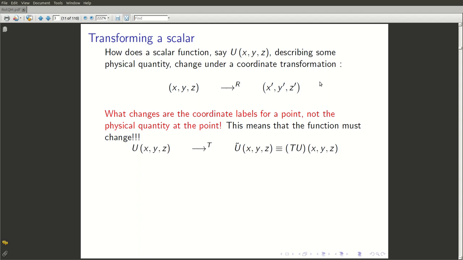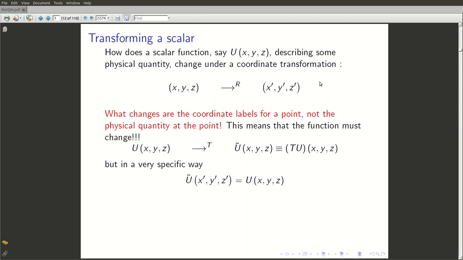So u of x, y, z must change to a new function u tilde of x, y, z, and u tilde is something which we get when we apply the transformation T on the function u. So what we are saying here is that corresponding to a coordinate transformation R, which acts on coordinate space, there is a transformation in function space which acts on functions to give you a new function. So u tilde of x, y, z is of course the same as the function Tu at the point x, y, z.